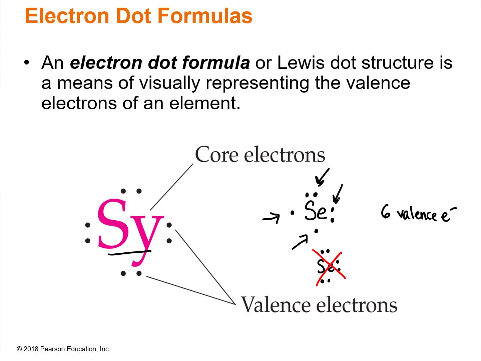Anyway, chemistry. Don't pair your electrons unless you have to. That is the moral of the story. So let's try another example here. Let's say that we have nitrogen.